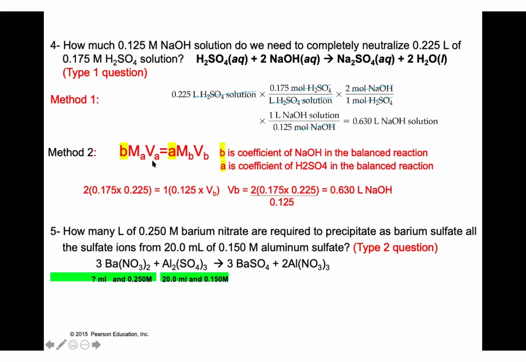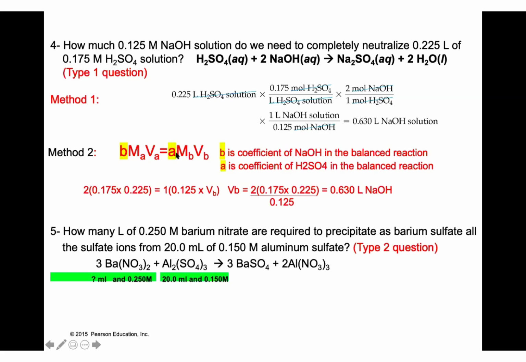So MAVA equals MBVB, and you see there is a B as a coefficient here. This B, guys, is the coefficient of the base in the chemical equation. So the coefficient of the B goes here, and the coefficient of the acid goes on the other side.